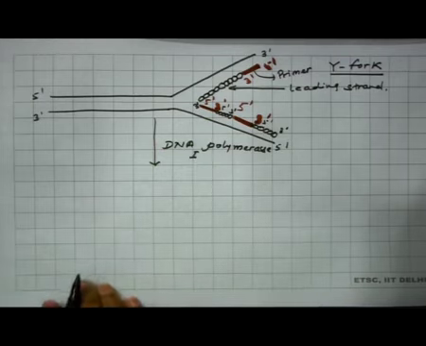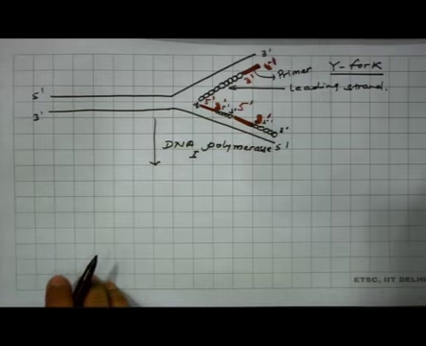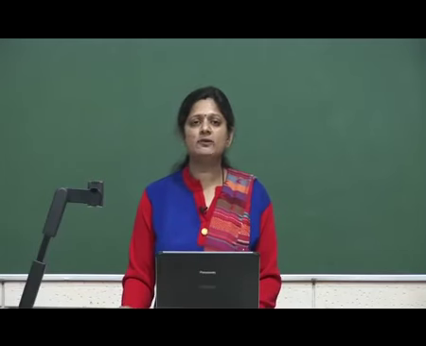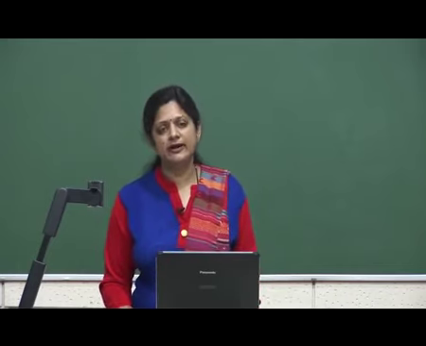DNA polymerase 1. In case of bacteria, in a prokaryotic cell, there are 5 types of DNA polymerase. They are DNA polymerase 1, DNA polymerase 2, DNA polymerase 3, DNA polymerase 4 and DNA polymerase 5.